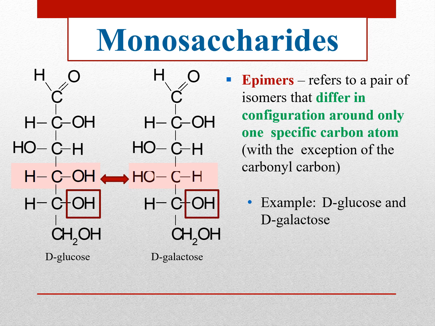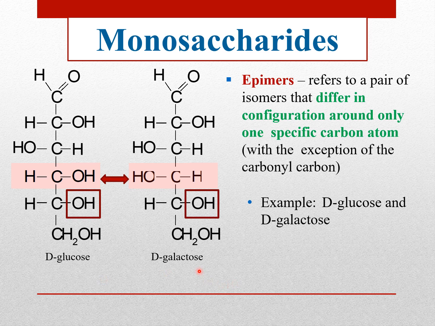You just learned about enantiomer and then isomer, then comes epimer. Epimer just refers to only one area of the structure being different. One good example normally used is glucose and galactose.